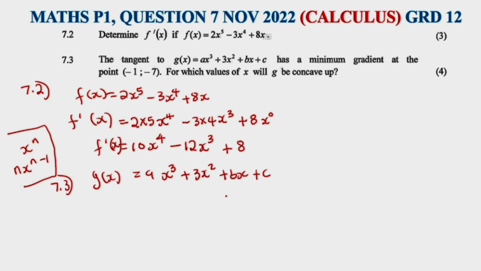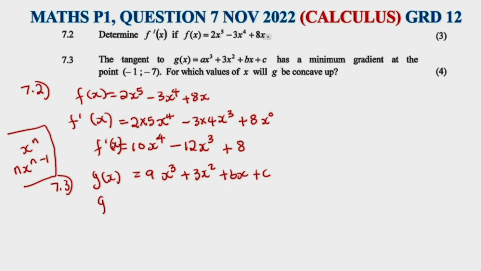The tangent to this has a minimum gradient at that point. They give us a point, minus 1, minus 7, and then ask for which values of x will g be concave up. So this is the point of inflection. We get the point of inflection when we are dealing with the second derivative.